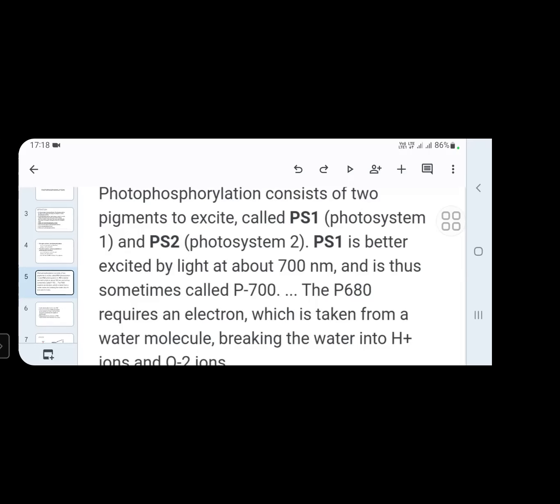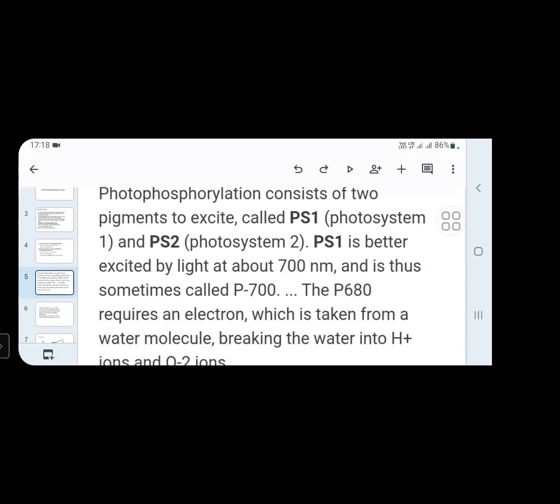This is called the P700, the reaction center to which all surrounding chlorophyll A, B, and beta carotene in the photosystem transfer their energy. Pigment system 1 contains iron sulfur proteins, which is very important. P700 is the reaction center.